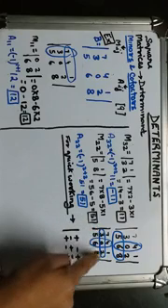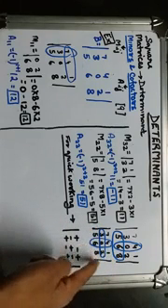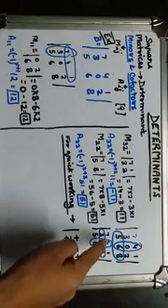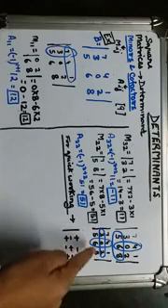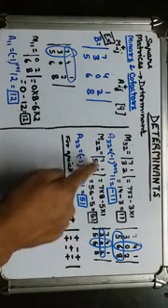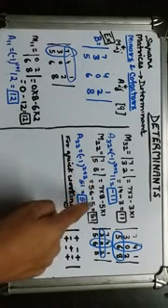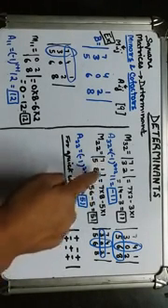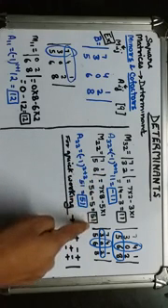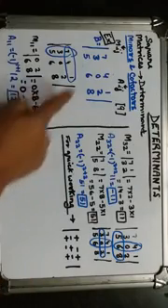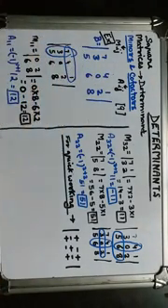So encircle that. What is left? 7, 1, 5, 8 is left. So cross multiply the values to take out the determinant: 7 into 8 minus 1 into 5 equals 51. This way we can take out the minor of any of these 9 terms.